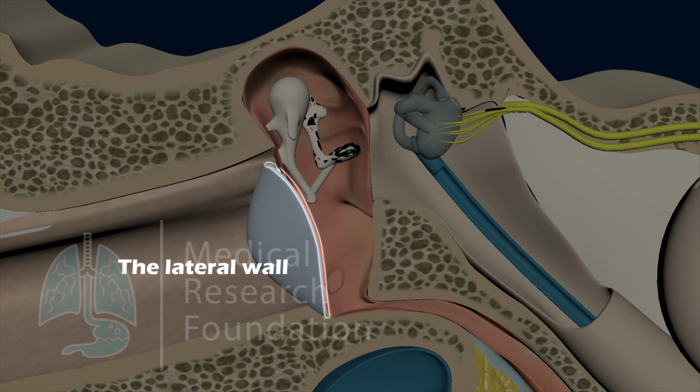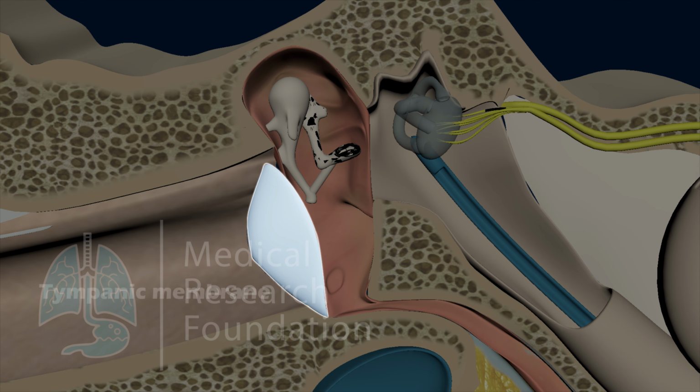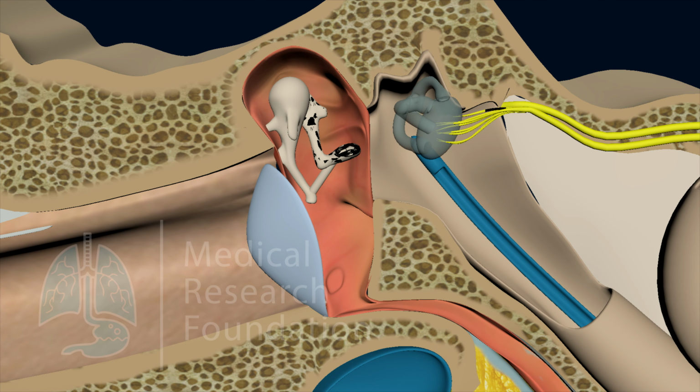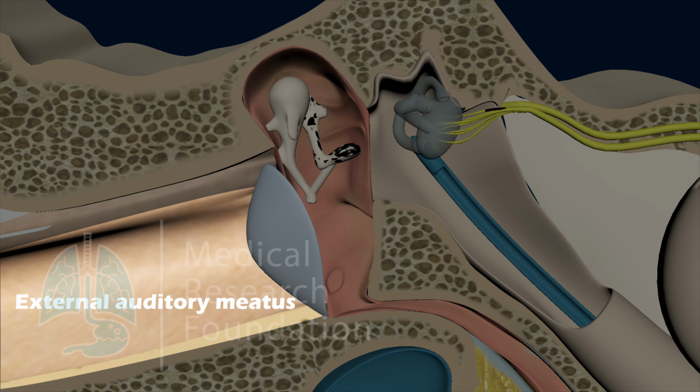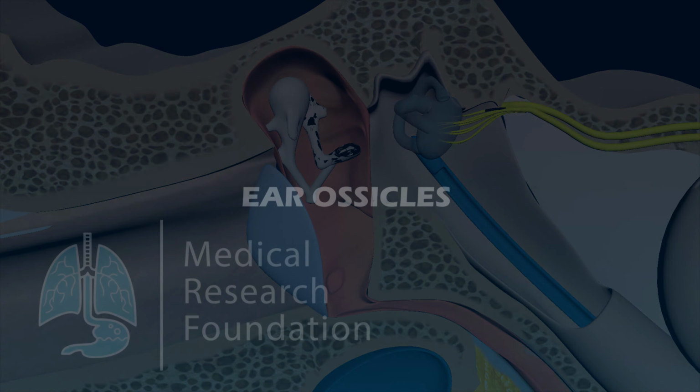The lateral wall is formed by the tympanic membrane, which separates the tympanic cavity from the external auditory meatus.